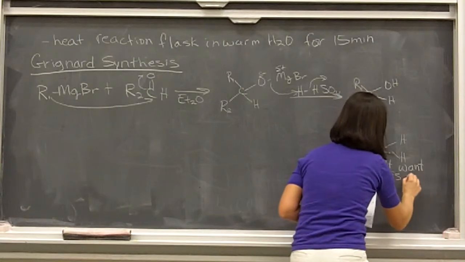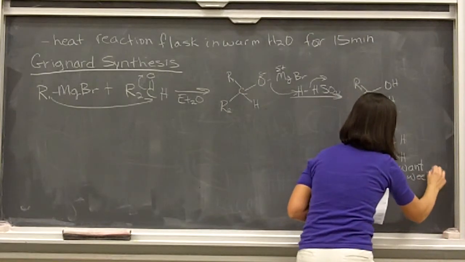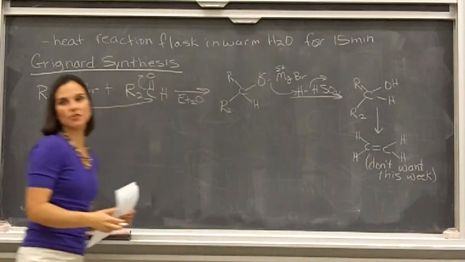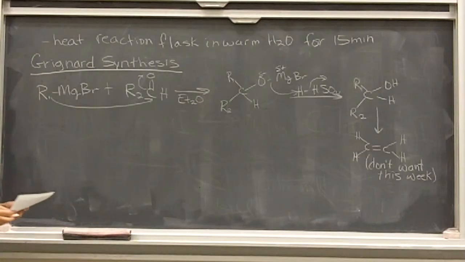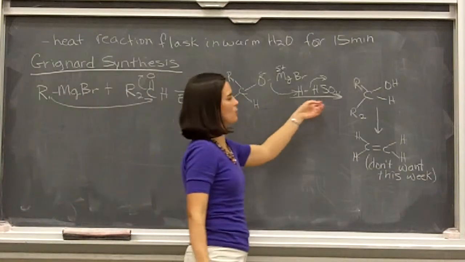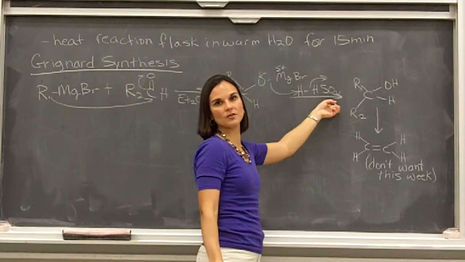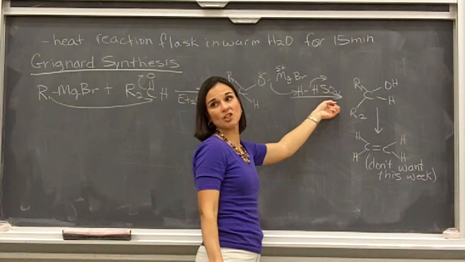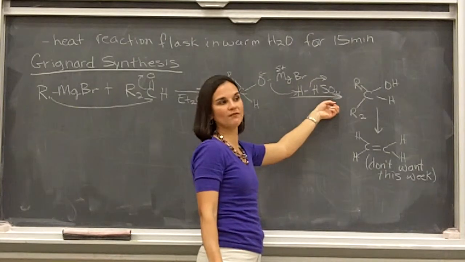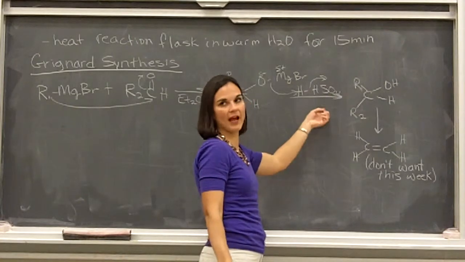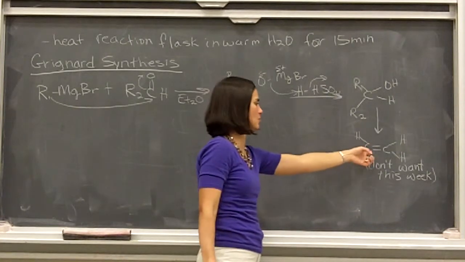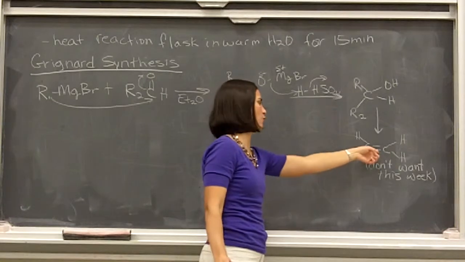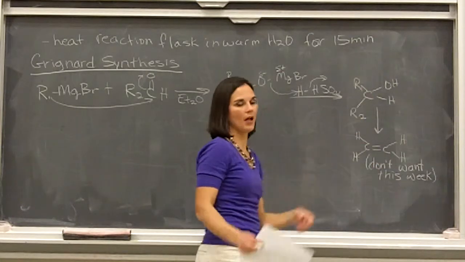So you need to control the heat of this quench to make sure that you don't get it going too hot. If your reaction is refluxing while you're adding the sulfuric acid to quench your reaction, that's too much heat, okay? You don't want anything refluxing while you're quenching with the acid, because you could be potentially doing the elimination reaction and forming the alkene instead of stopping at the alcohol.